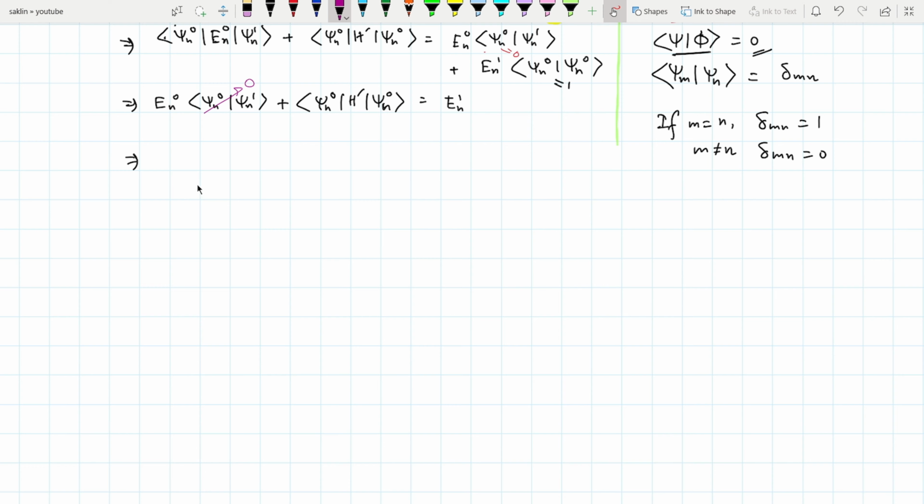Yes or no? Because both eigenfunctions are different, the wave functions are different. So our final result is this.